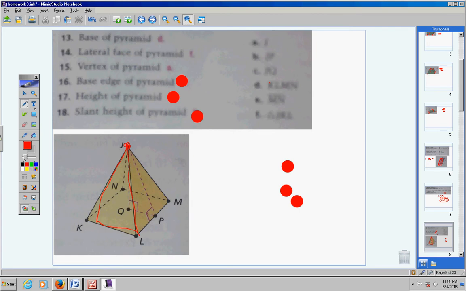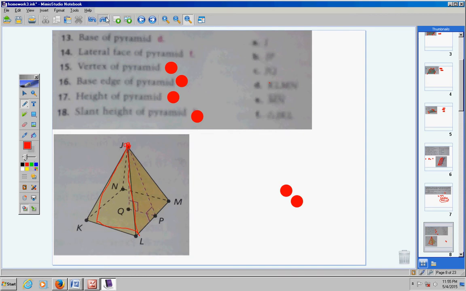Now a base edge of a pyramid. Well, base edge, guys, look. LM is a base edge, NM is a base edge, KN is a base edge, and KL is a base edge, okay? So any of those would work.